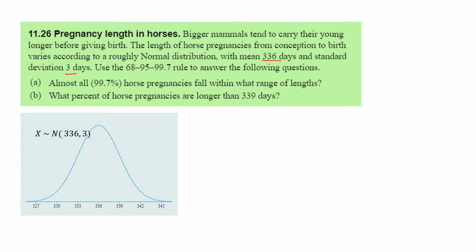To the left we have 3 points where we are reducing by 3. We know that 99.7% lie between negative 3 sigma to positive 3 sigma, so it will lie between 327 to 345.